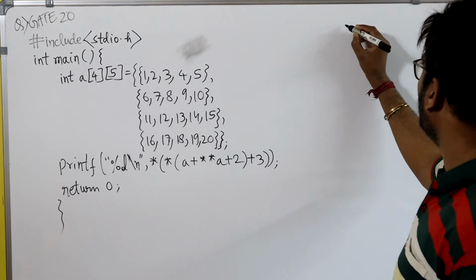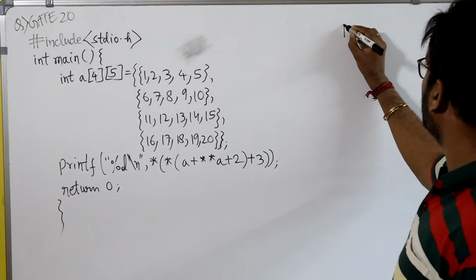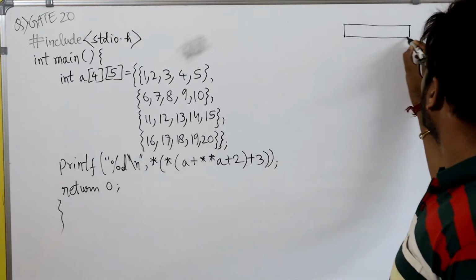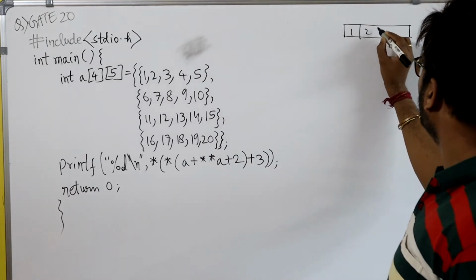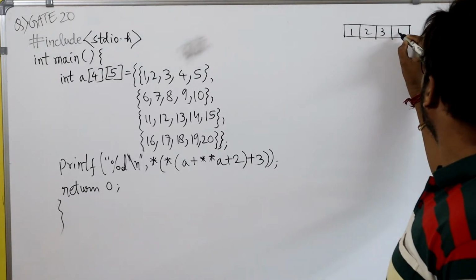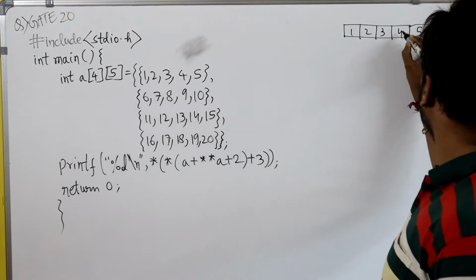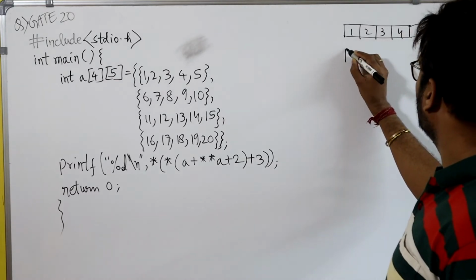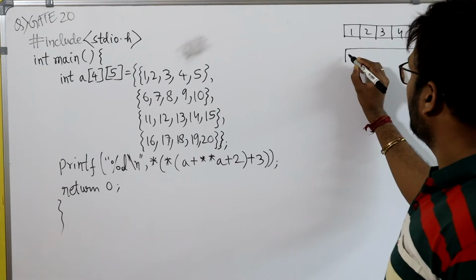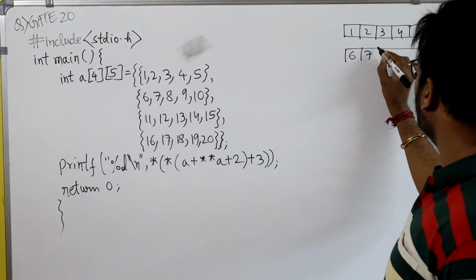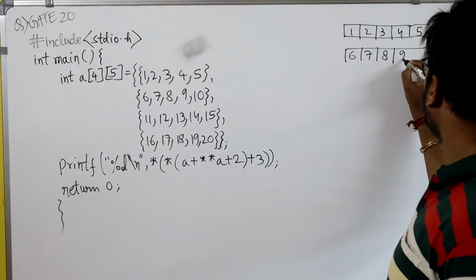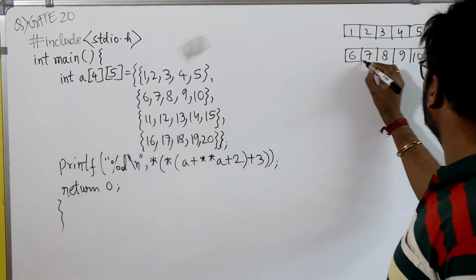So let's see how. What's written? The first 1D array is 1, 2, 3, 4, 5. The second 1D array is 6, 7, 8, 9, 10.